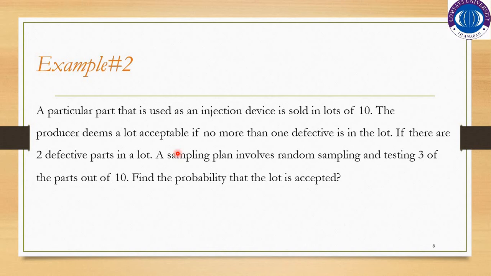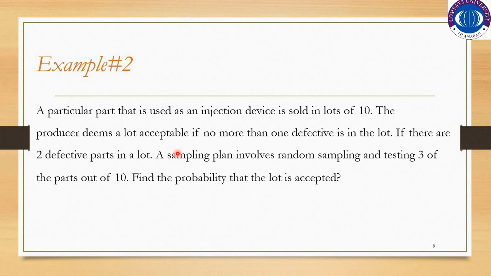So there are the lots in which we have 10 parts of the injection devices, and the producer says that if he finds more than one defective in the lot, he will not accept the lot. So the minimum tolerance level is 1 defective. If the parts in the lot of 10 have more than 1 defective, the lot will not be acceptable.